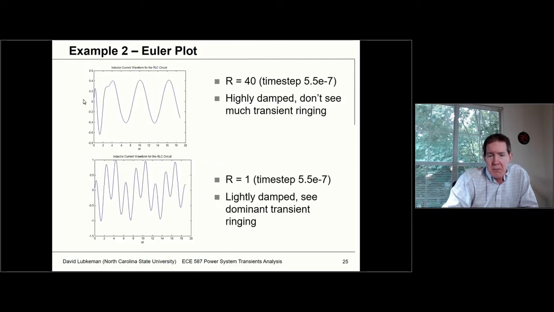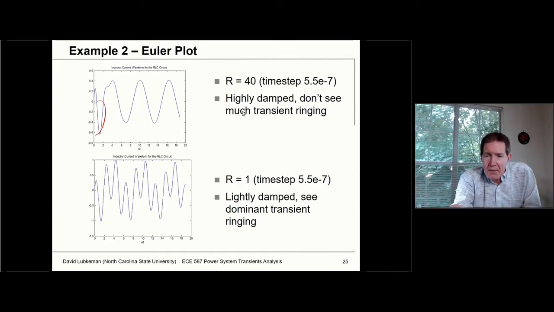And then when I plot this out, for R equal to 40, what I'm going to get is this highly damped waveform because the resistance was so high. We get a little bit of an oscillation on this first cycle, but it damps out really fast because R is large. And then basically we see a 60 hertz waveform.